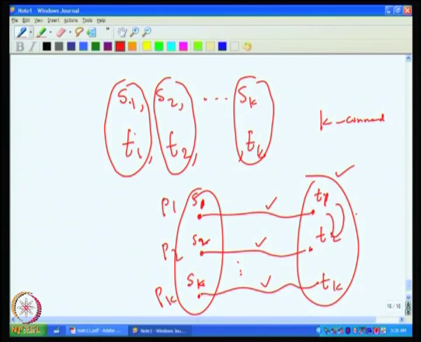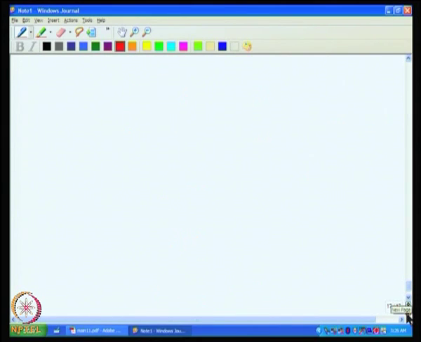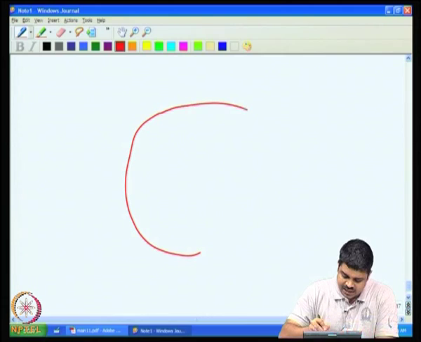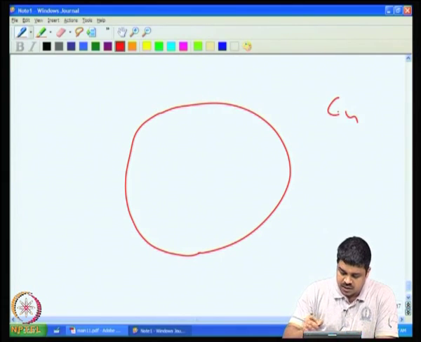We should be able to match them in such a way that this is matched to this, and this to this, so there should be so many paths. So the question is how good the connectivity should be for this to happen. Of course, k connectivity is not enough; we can simply take some examples. For instance, take this cycle. We know that Cn is 2 connected, so for any 2 vertices you can find 2 paths.